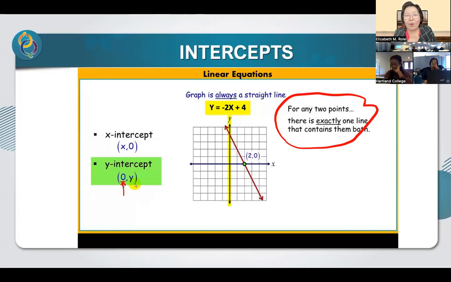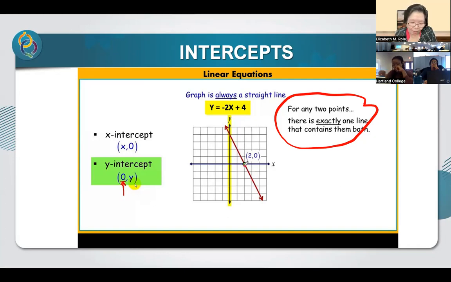Right. So if I have an equation, y is equal to minus 2x plus 4, I will just have to look for the points where the graph passes the x-axis. I mean, where it is now (2, 0). When x is equal to 2, your y is equal to 0.